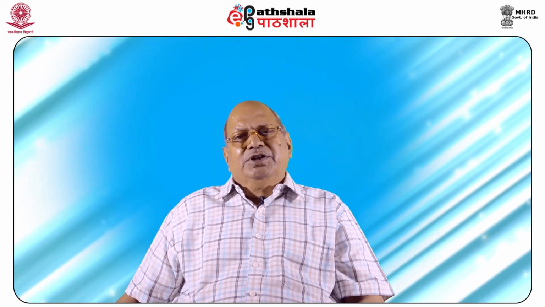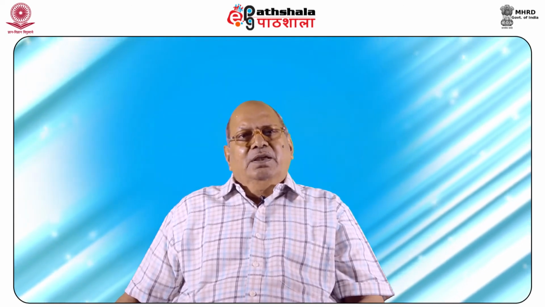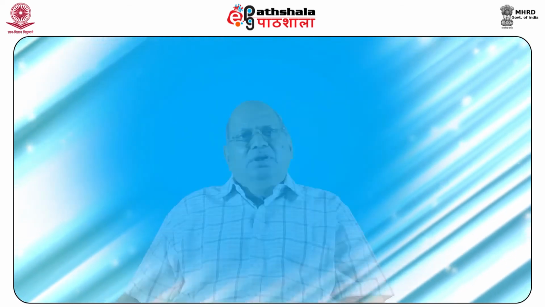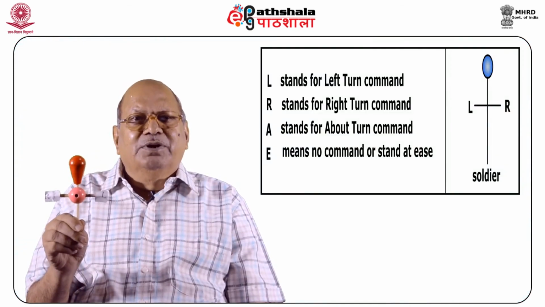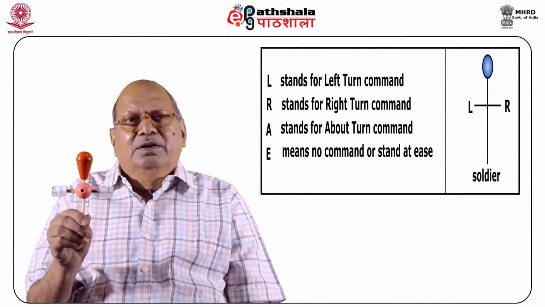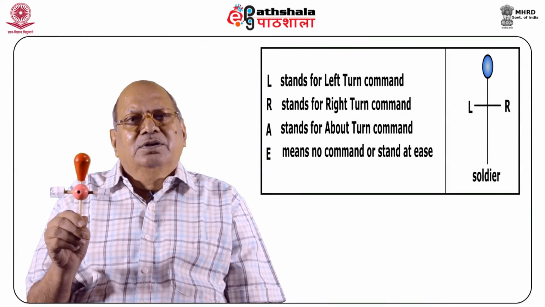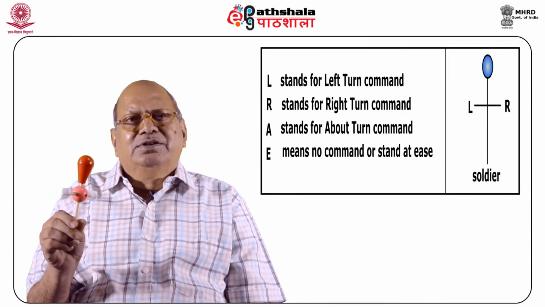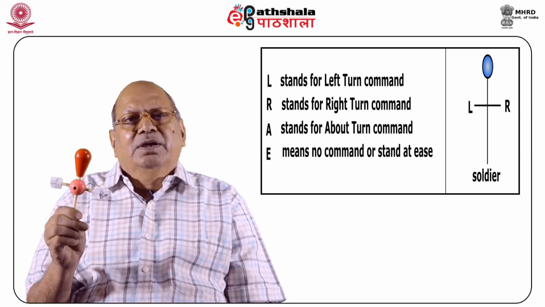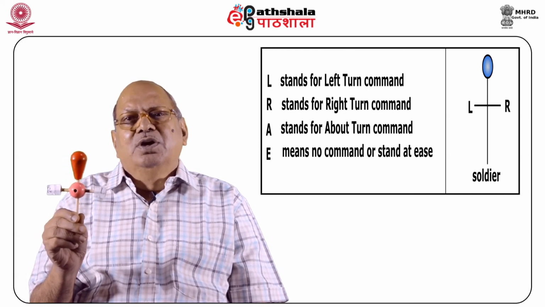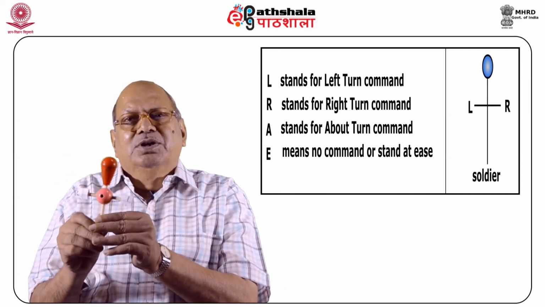For this, we will take a soldier and we will define his face movement. L stands for left turn, R stands for right turn, A stands for about turn, and E means stand still, that is, do not do anything.